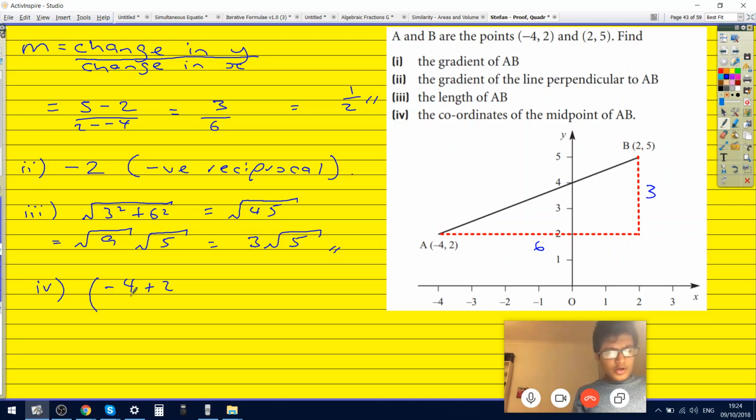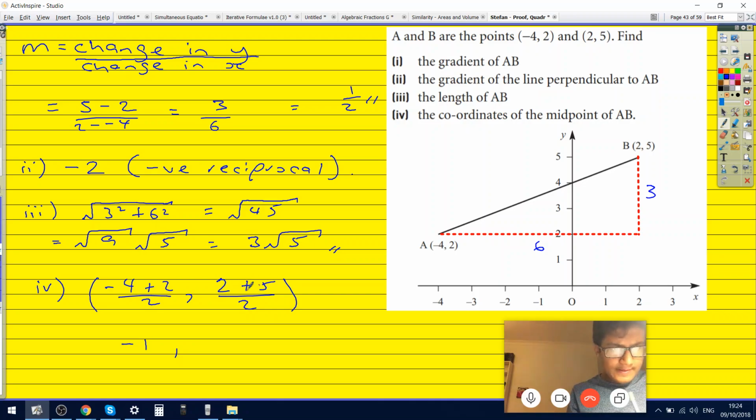So we know we're going to add 1.5 and 3 to the A values. So that means that you have midpoint is minus 2.5 and then the comma 5.